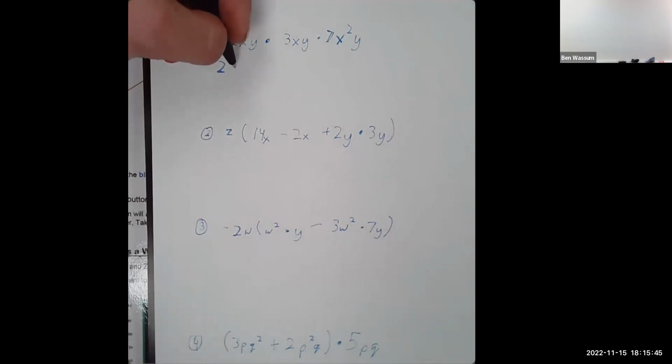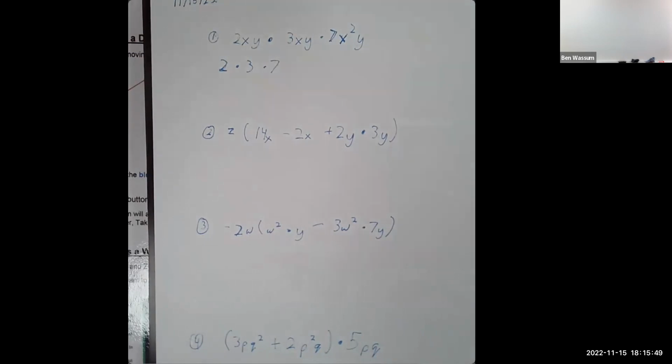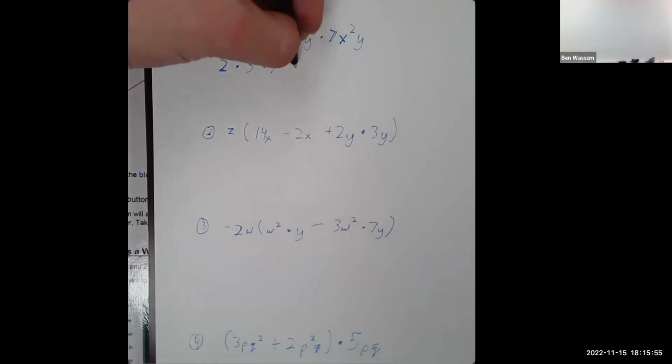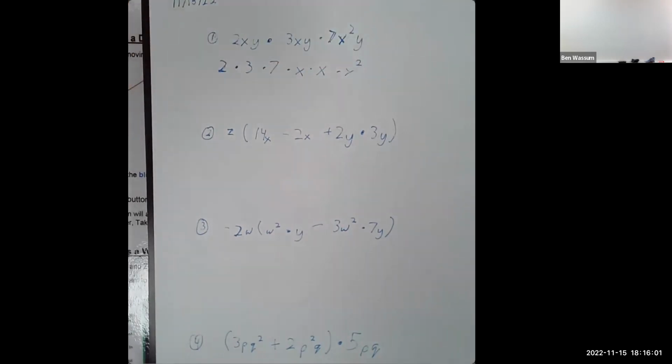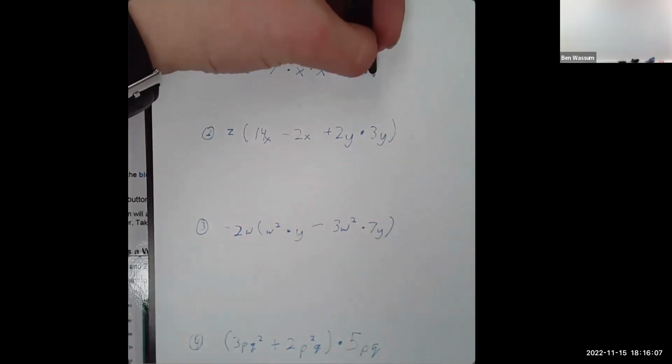So I know I would have 2, 3, and 7 multiplied together. Then I'd move on to my variables. I'd start with the first one in the alphabet, x. So I have an x and an x squared. Then I would move on to the next variable, which would be y, and I have one y out of each of those.